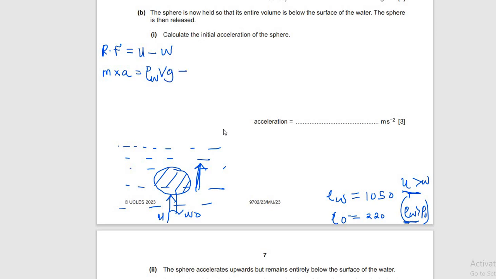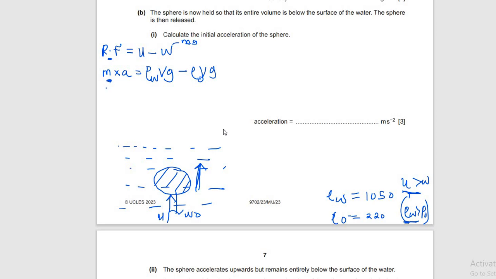Our weight is mg, and mass is what? Density times volume, multiplied by gravity. Remember that weight is for the object. So, resultant force is mass times acceleration. In this case, what's the mass?